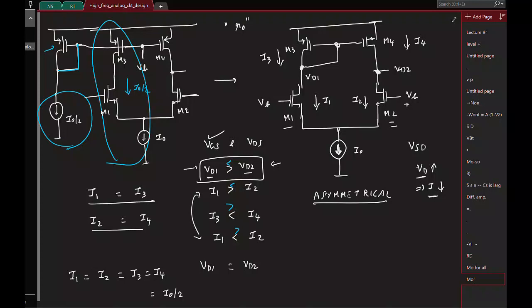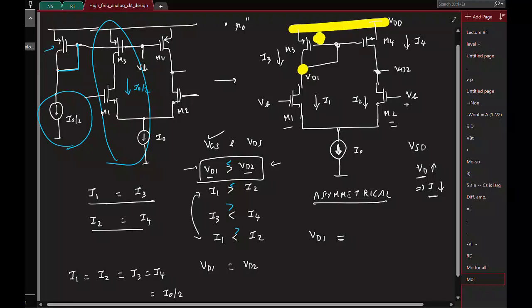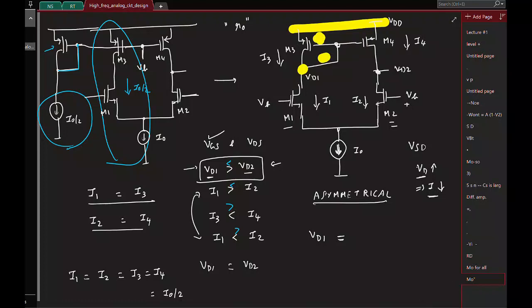Now can you tell me what will be the drain voltage of the transistor M1? That is this voltage which I am marking here. Basically, if I call this supply VDD, the voltage which I have marked here is the supply voltage minus the source to gate voltage of the transistor.